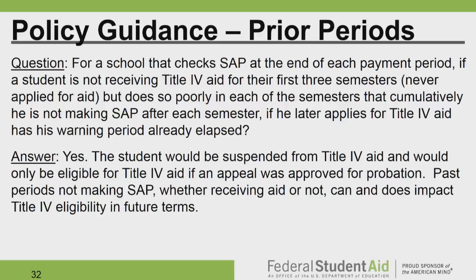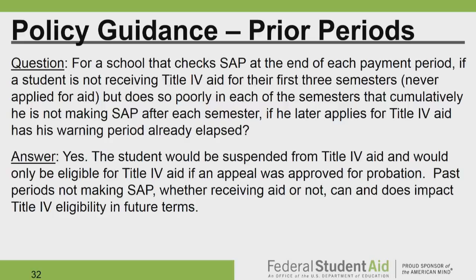So the question the school asks is, well, now in semester 4, the student says, I want Title IV. And the school says, well, you've been struggling. Have you already used up your warning period or not? And the answer is yes, he has. Just because he wasn't receiving Title IV aid doesn't mean that the warning period didn't occur.